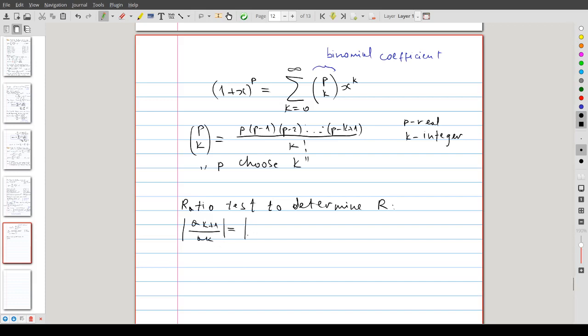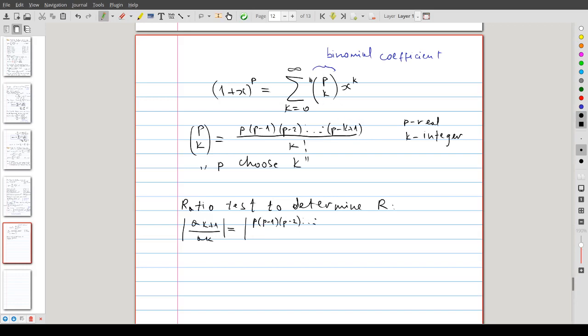which is, so first the expression for a_(k plus 1). So here is the coefficient for a_k. I will need to write the following here. I will have p times (p minus 1) times (p minus 2) and so on, right?